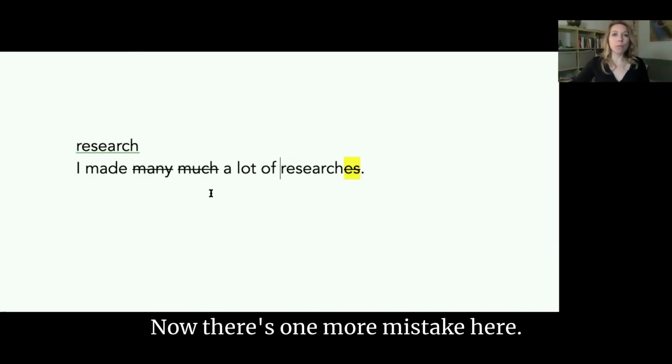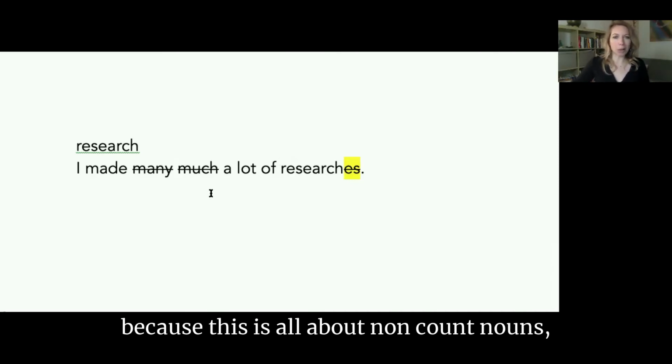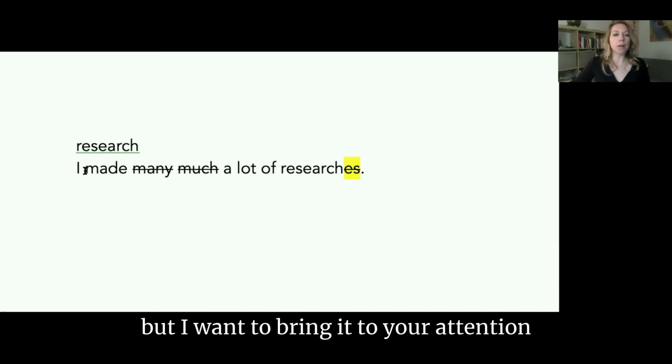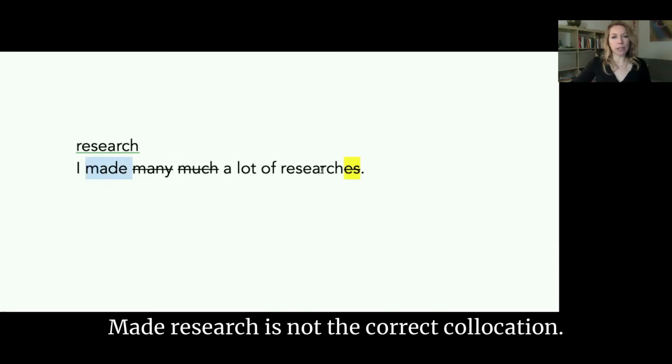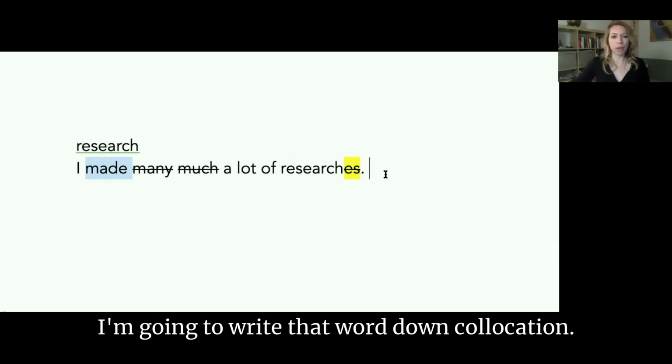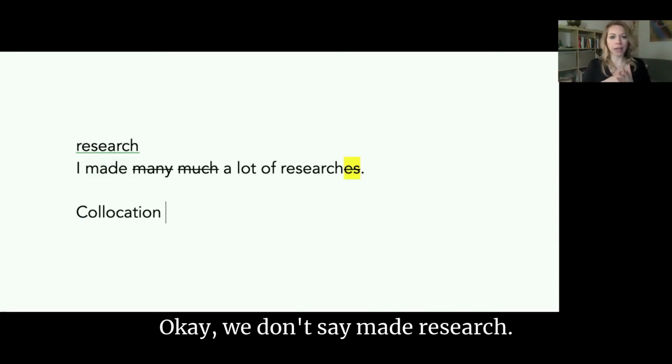Now, there's one more mistake here. I'm not going to really get into this too much because this is all about non-count nouns, but I want to bring it to your attention. And it's this word made. Made research is not the correct collocation. I'm going to write that word down. Collocation. Collocation means words that go together, okay?